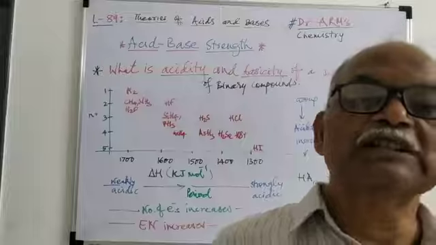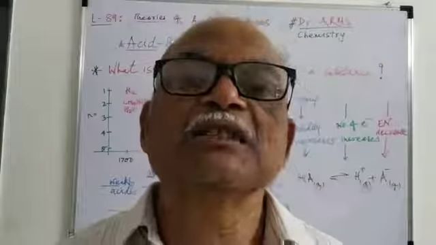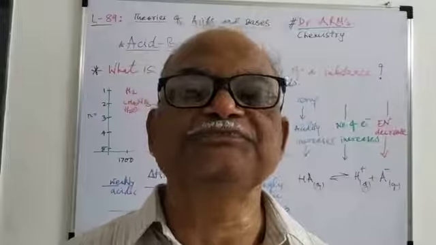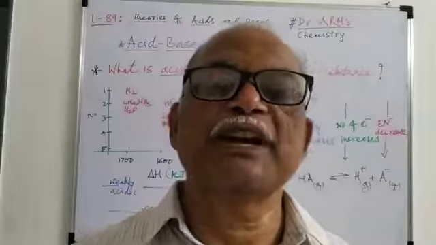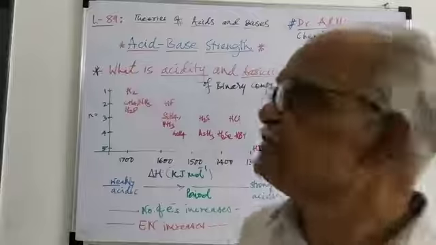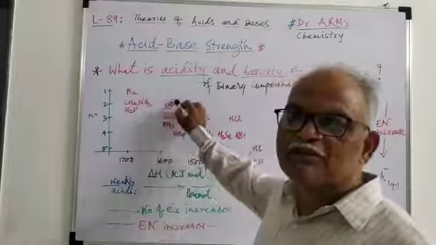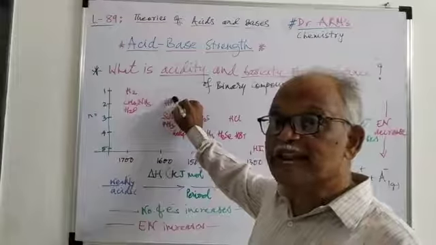Here generally we assume, as per the Lowry-Bronsted concept, that weaker acids have less proton affinity and stronger acids have higher proton affinity. This is because the other atom present here is either strongly or weakly electronegative.